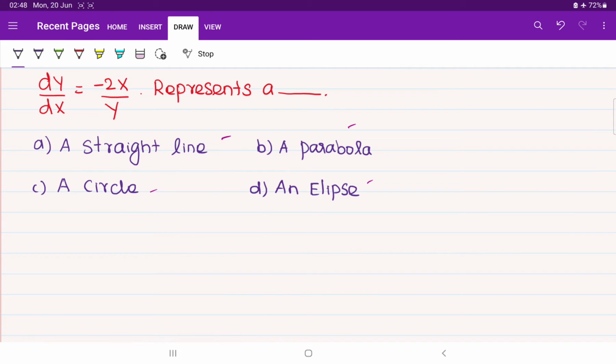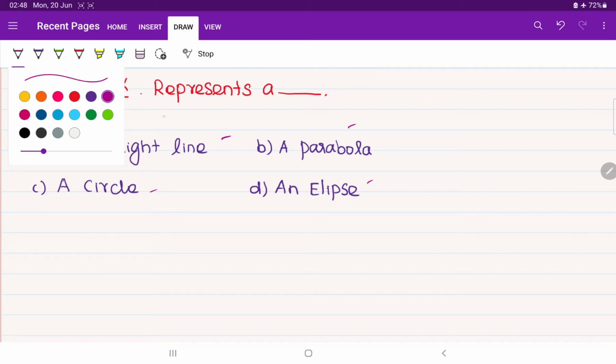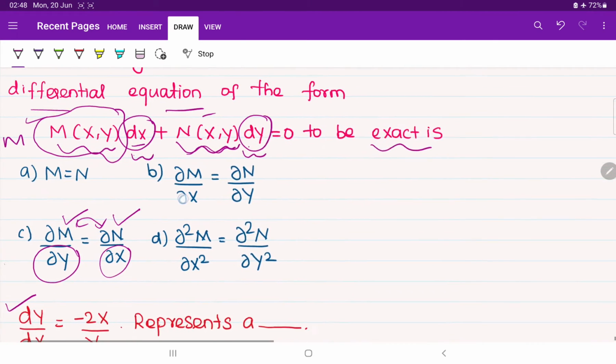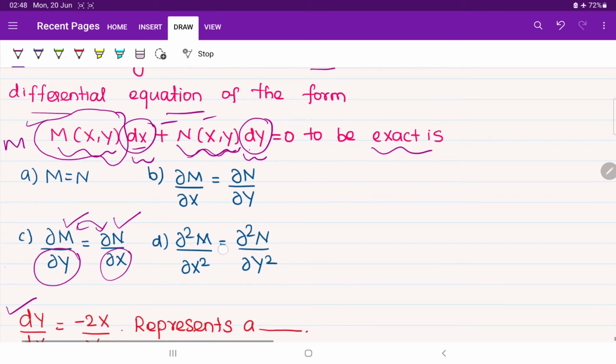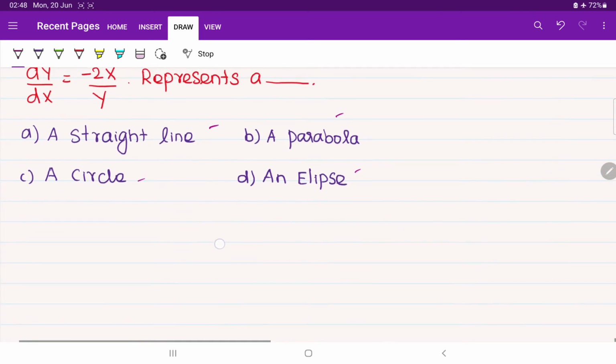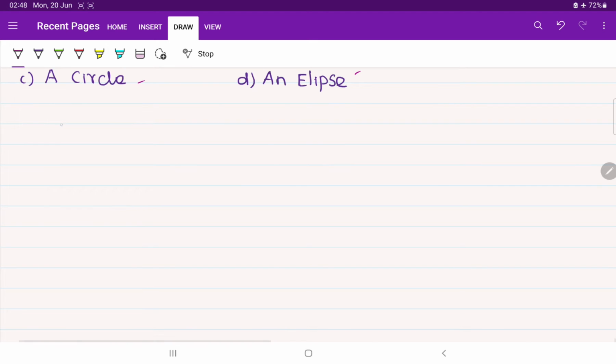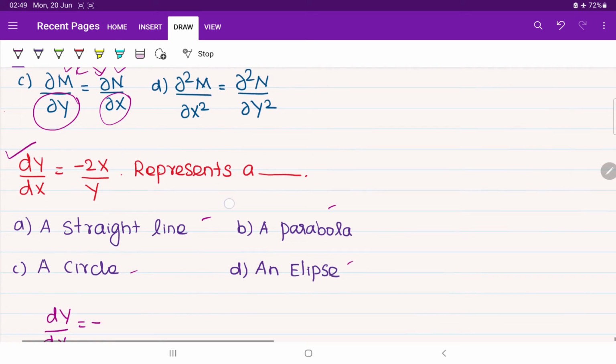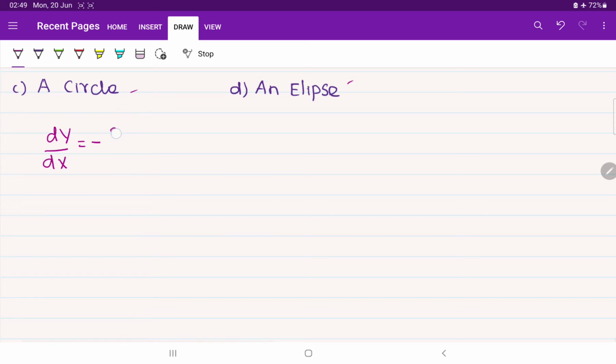So here I am trying to solve this equation by the new method. I am just trying to bring this equation into the M dx plus N dy format. The given equation is dy upon dx equal to minus 2x upon y.